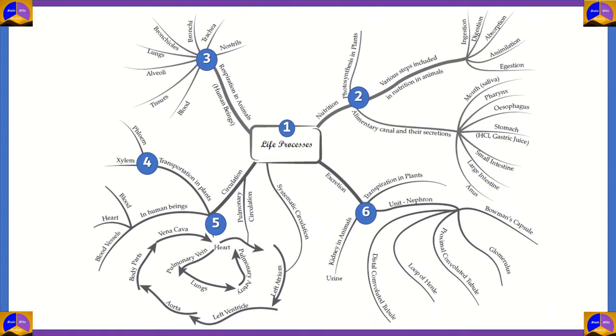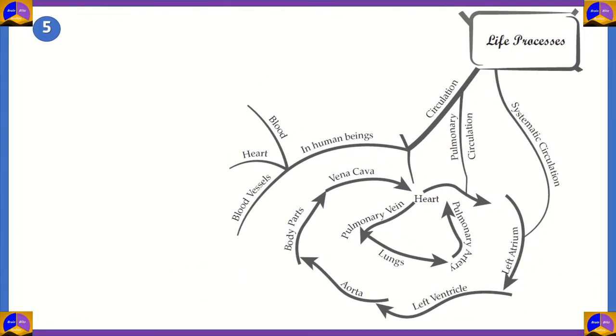Now what about in animals? If we look at human beings, circulation involves three particular parts: the blood, which is a fluid vascular tissue found in the human body; the heart, which is an organ that pumps blood; and then blood vessels, which are the pathways through which blood reaches the human tissues.